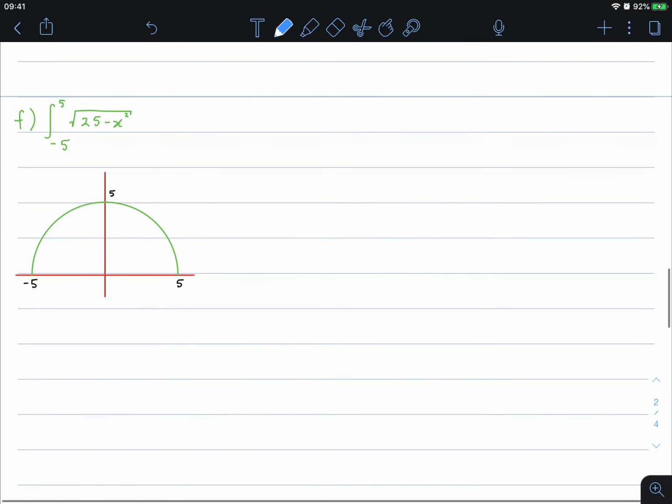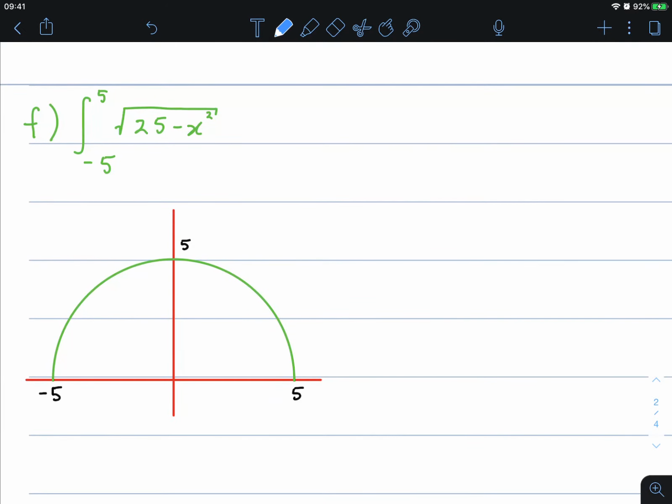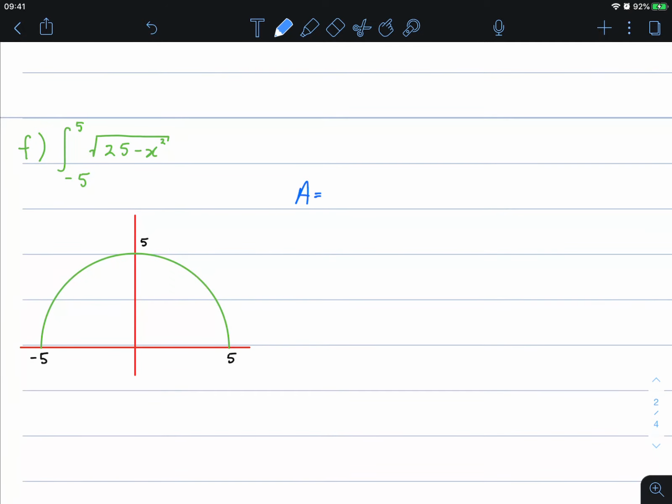And now for one last example, here we have a semicircle, the function of the semicircle here, and we want it from -5 until 5. So we want this area here. And we can very clearly see that this is a half circle.